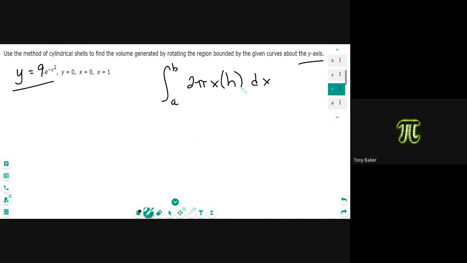So it's circumference times height. Since we're going around the y-axis, it's x, so that's y-axis. If it was the x-axis, it would be that way.